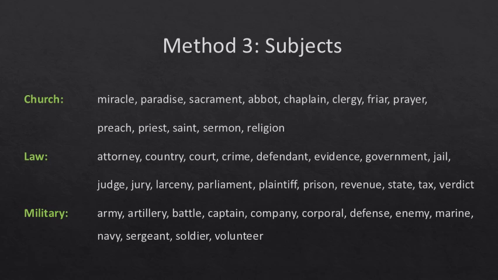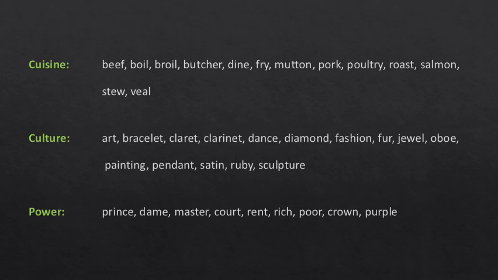Verdict. Military words: artillery, captain, corporal, marine, sergeant, volunteer. Cuisine words, food words: beef, boil and broil, two OI words, right? Some of the words we saw before, stew and veal.